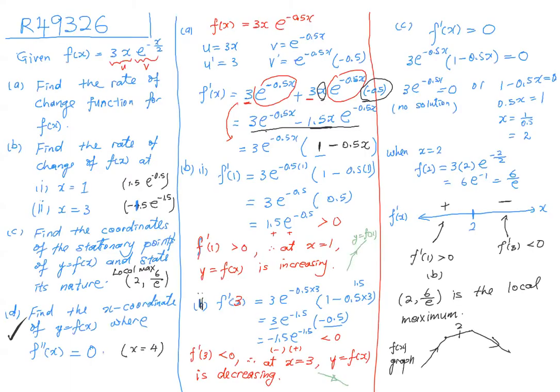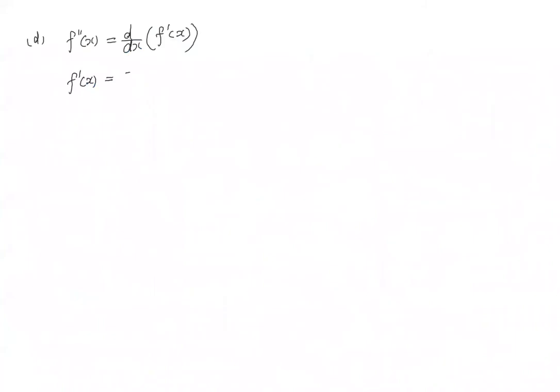My f prime x is this one, 3 e to the power negative 0.5x, open bracket, 1 minus 0.5x.